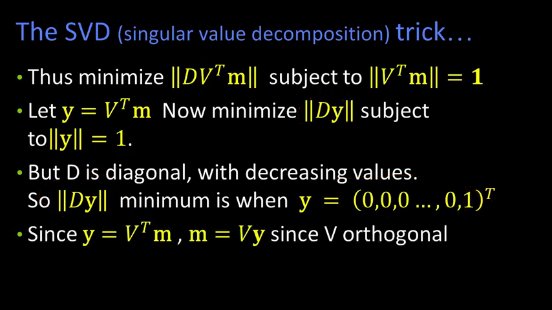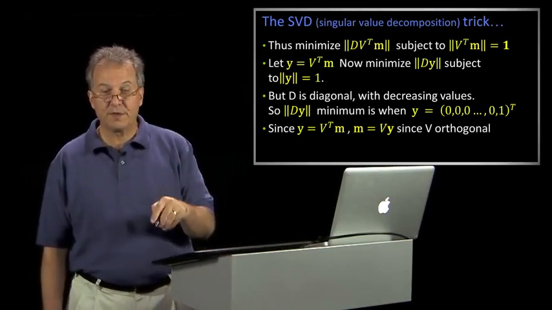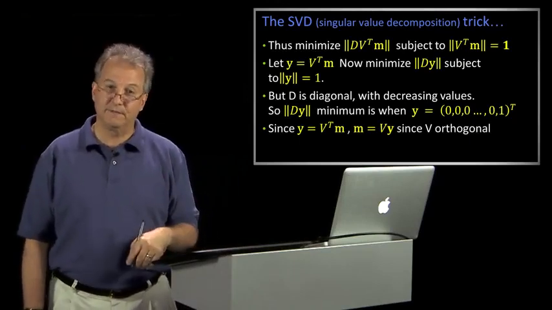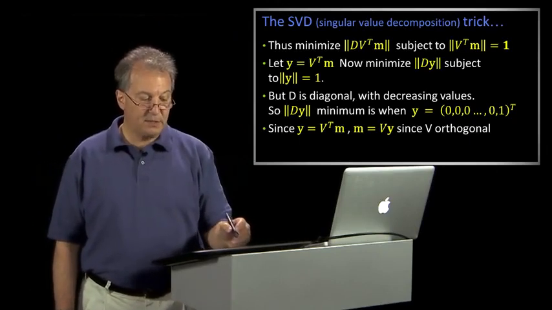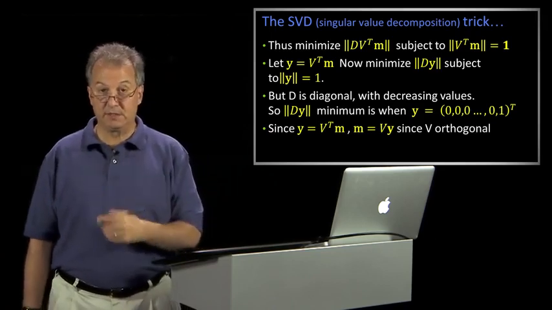And since we defined y to be V transpose M, then M is equal to V y. Why? Well, remember I said that V is orthogonal? So when V is orthogonal, its transpose is its inverse. So if y is equal to V transpose M, then M is equal to V y.